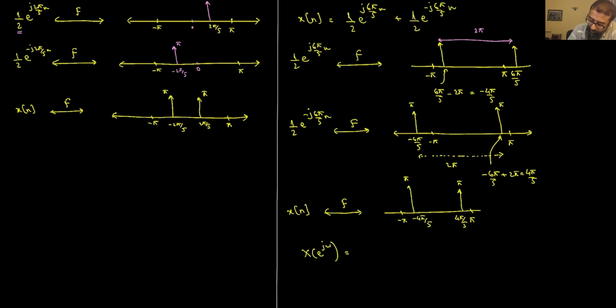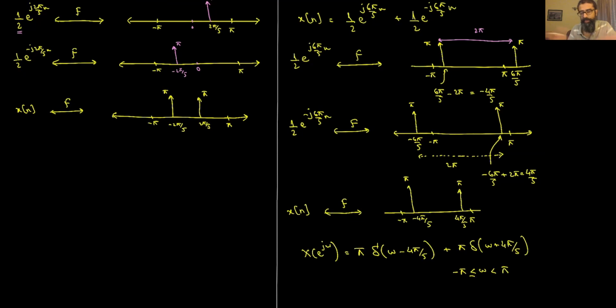So X of e raised to power j omega is pi delta of omega minus 4 pi by 5 plus pi delta of omega plus 4 pi by 5. And of course, this only applies for the interval minus pi less than or equal to omega less than pi, right?